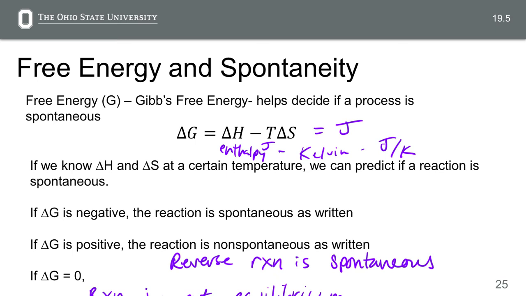Okay. Delta G is negative, reaction spontaneous, it occurs as written. If delta G is positive, the reaction is non-spontaneous as written, but the reverse reaction would occur spontaneously. And if delta G is equal to 0, the reaction is at equilibrium. So it's not going to go either direction.